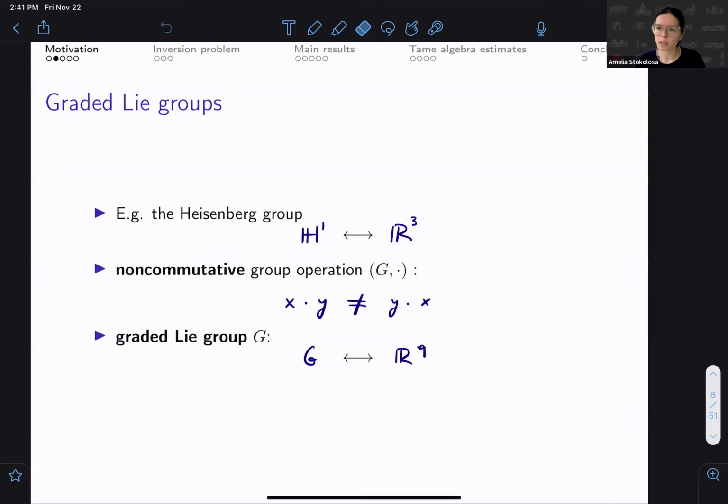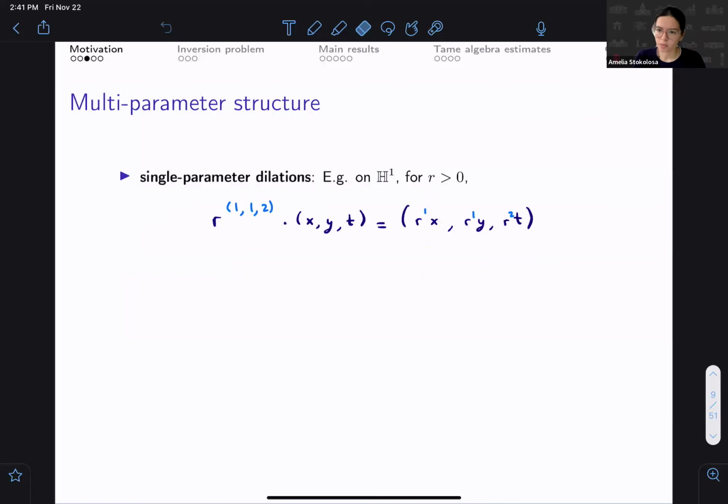To define the multi-parameter setting, first, we need to define single parameter dilations. This is best explained with an example. Again, focusing on the Heisenberg group, you can pick a positive number R and define the dilation R onto any element of the Heisenberg group as follows.